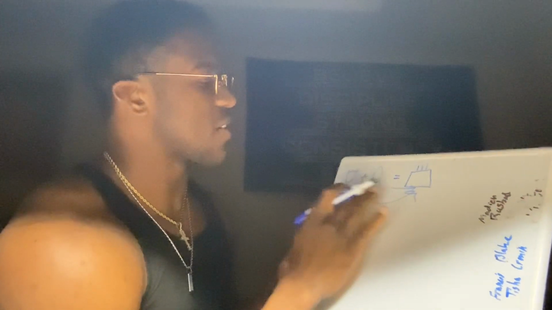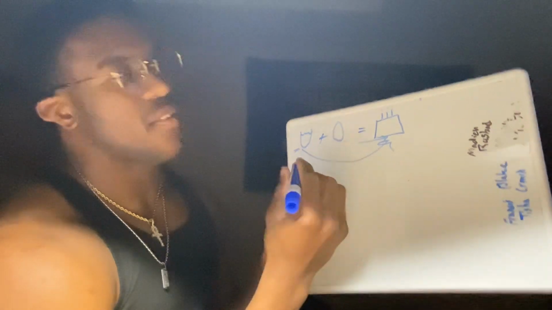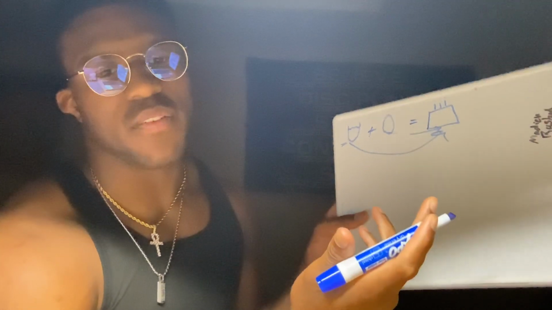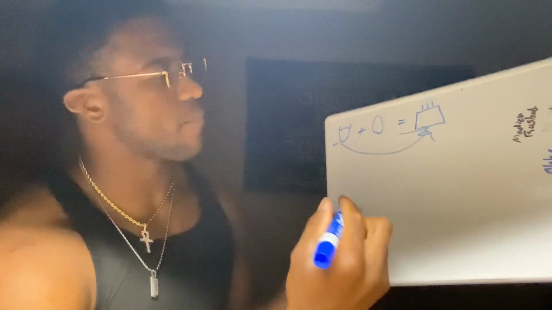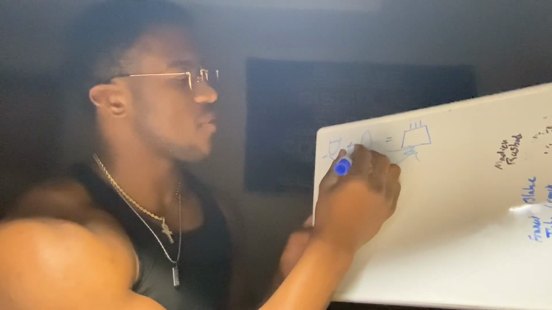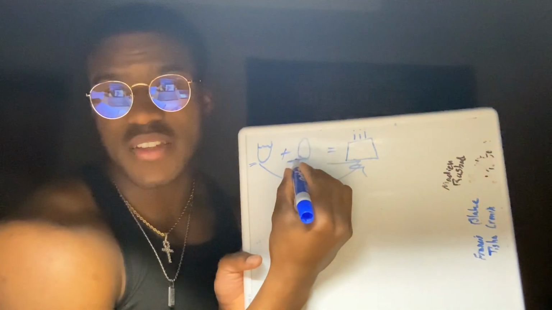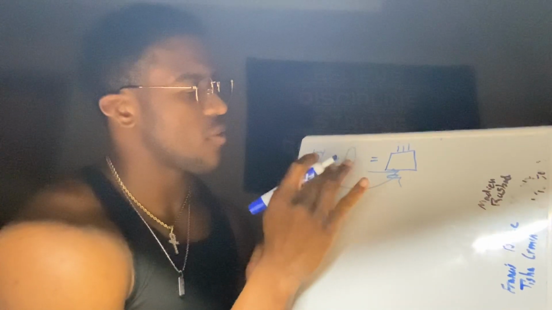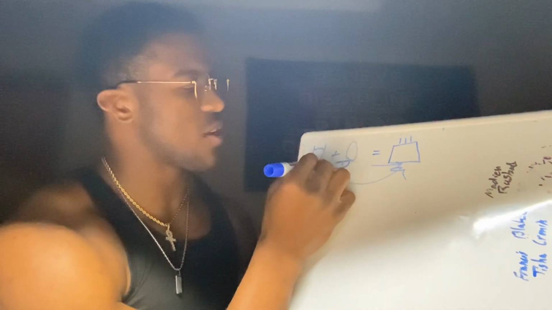I don't really feel like showing it, but they're always gonna ask, how much excess reactant do you have left over? Right? So you're gonna take your limiting reactant and convert your limiting reactant into your excess reactant.